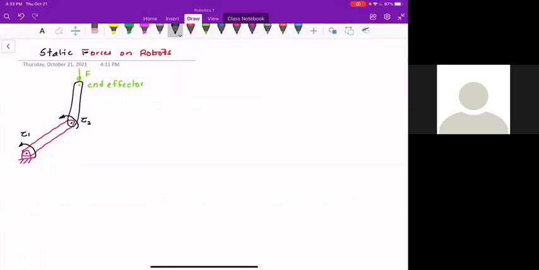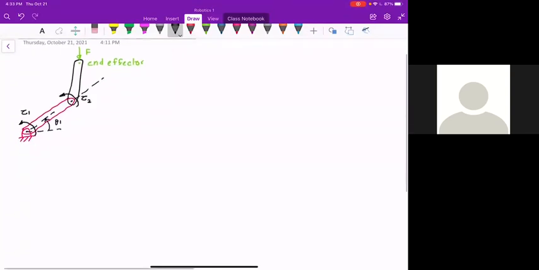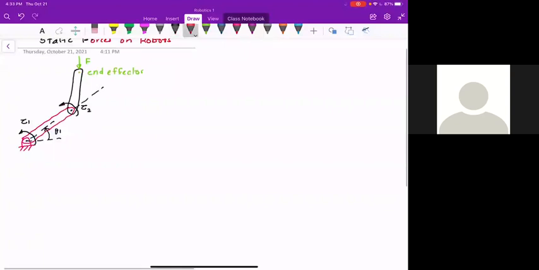So I'm going to give you some joint values. This angle is theta 1. This angle is theta 2. This angle is theta 1.